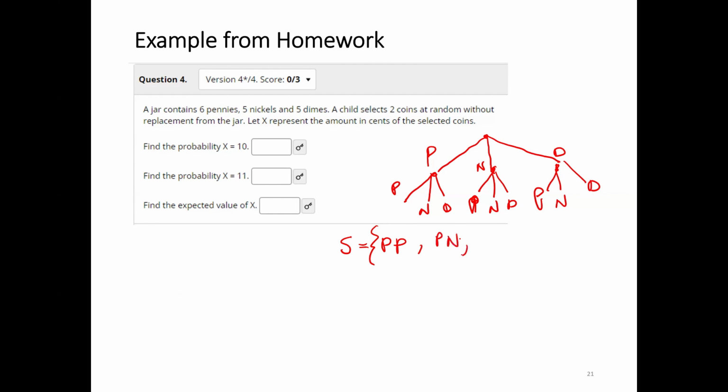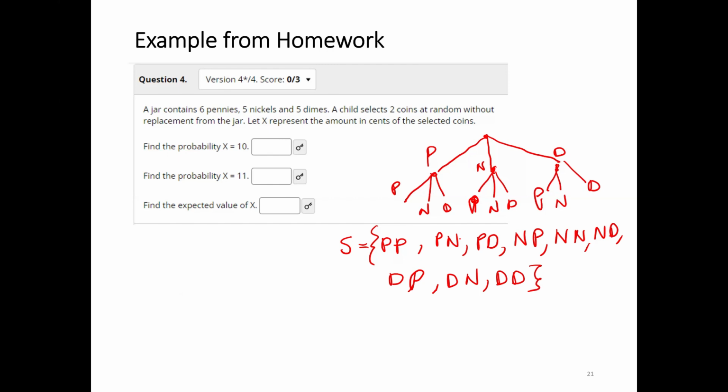Could I get a penny and a dime? Could I get a nickel and a penny? Could I get a nickel and a nickel? Could I get a nickel and a dime? Could I get a dime and a penny? Could I get a dime and a nickel? Could I get 2 dimes?